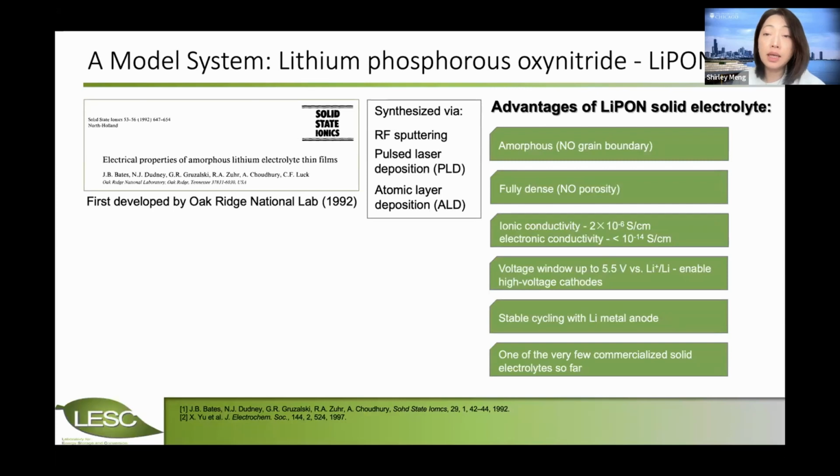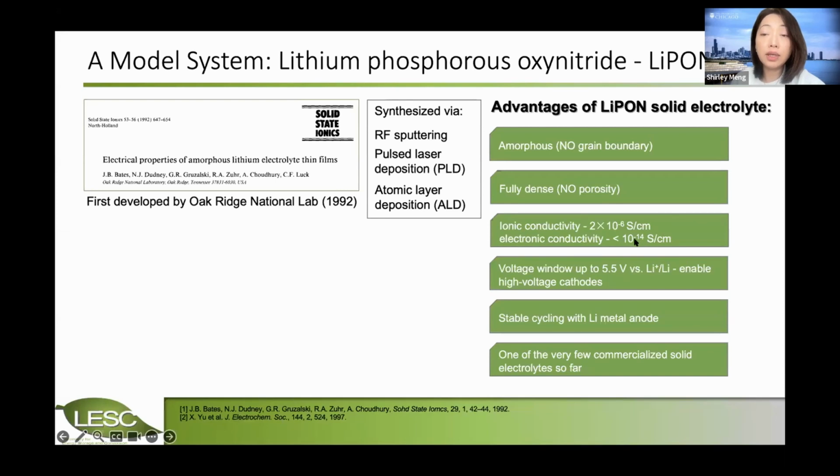So the advantage of LiPON is manifold. It is fully dense, with absolutely no porosity and no grain boundaries. It's amorphous on the X-ray. The typical ionic conductivity is reasonable, on the order of 10 to the minus 6 Siemens, because the membrane is typically only a few micrometers thick, so this conductivity is acceptable.